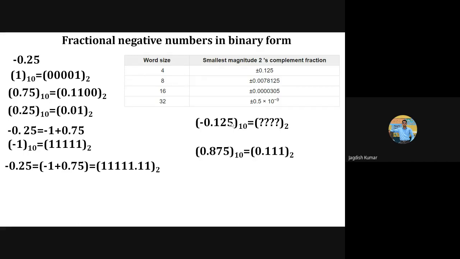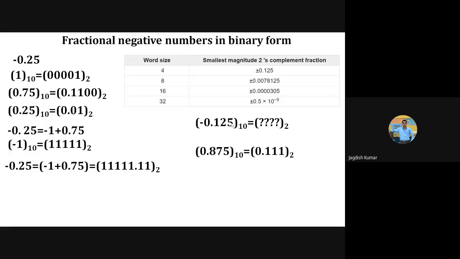If I try to think, minus 1 plus 0.875 equals minus 0.125, correct? And this 0.875 is this, and you know what minus 1 is. It is this, correct?